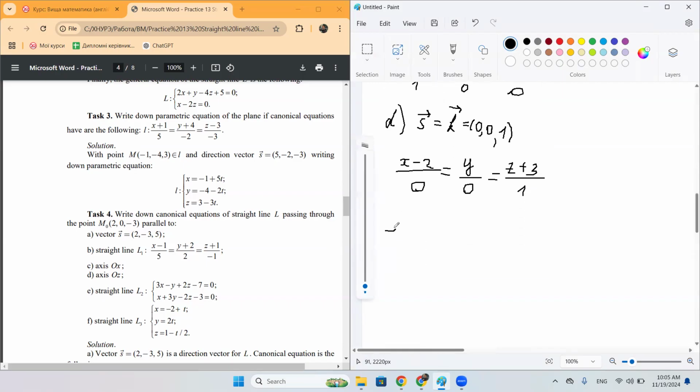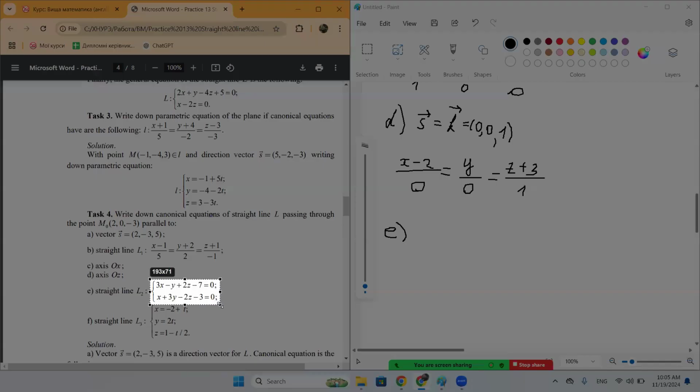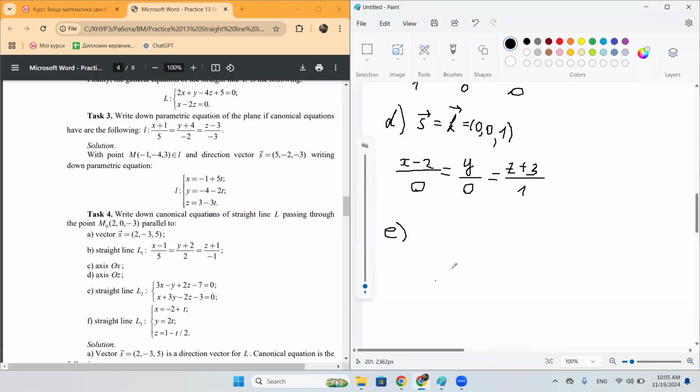Okay, part E. Here we need to find the direction vector of the straight line L. As it's given with the general equation, we need to find the direction vector in explicit form. So what do we need to do?